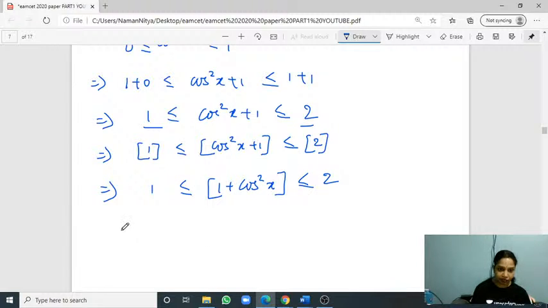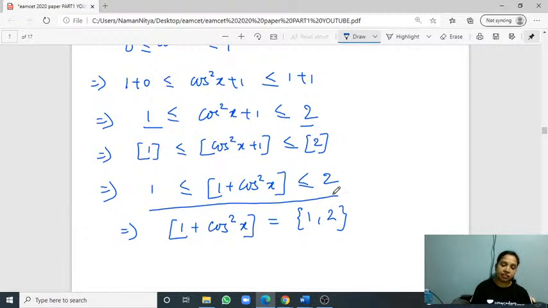So we can say this implies the greatest integer function is simply equal to 1, 2. I'm writing it in terms of range, but the greatest integer function will never be a decimal number. It will be either 1 or 2, not an in-between number. That's why I have written the greatest integer function of 1 plus cos square x is {1, 2}. This is the set we will have for all x belonging to R.